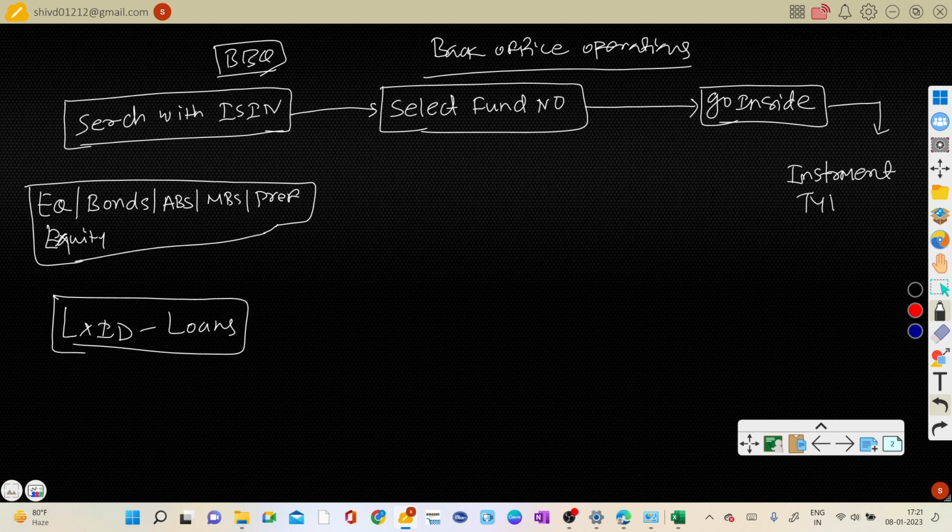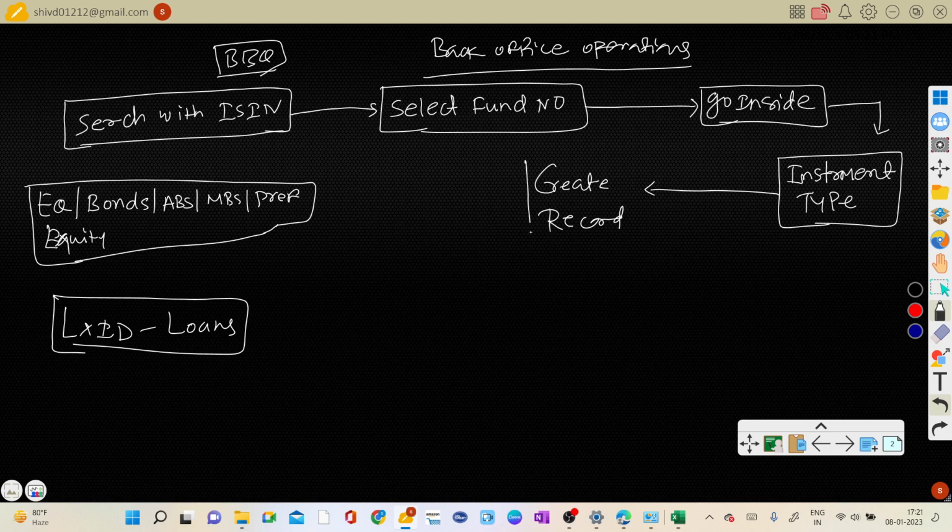Once you select the instrument type, then create the record.